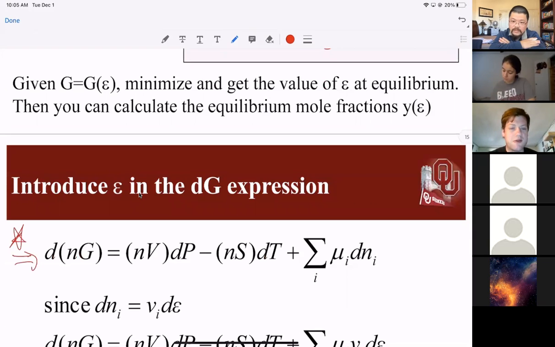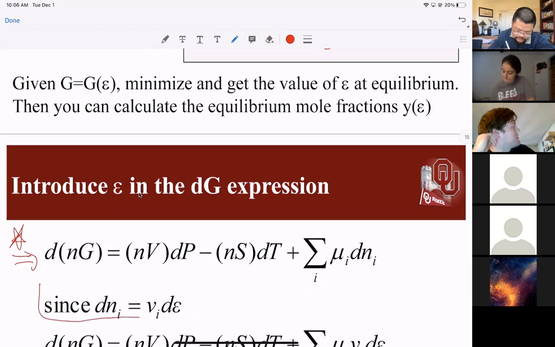So if we go back to the expressions, that is the expression. Okay. It's indeed VdP minus SdT. And we try to use n multiplied by G to make sure we understand this is the total Gibbs energy. If we are going to carry out the discussion using one mole basis, then of course we can say dG is VdP minus SdT plus mu i dxi, and so on. Right? So you see that the whole morning, the past 45 minutes, we were talking about those reaction coordinates.